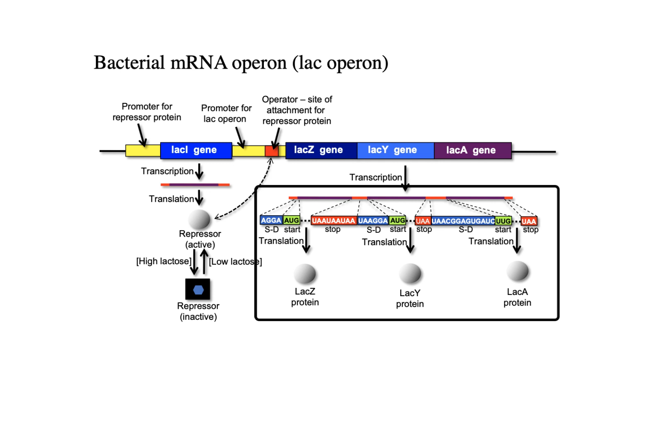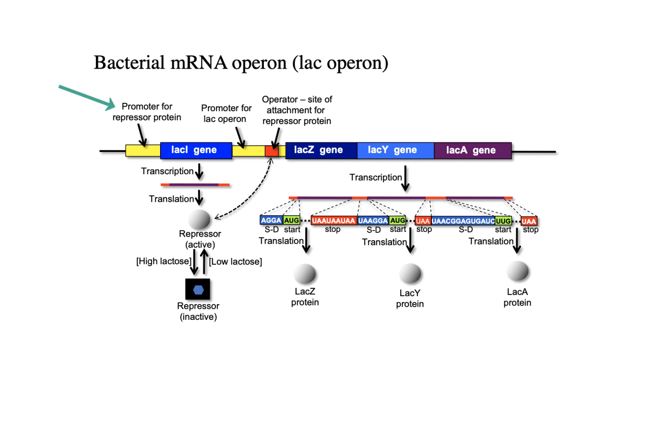In this case, the lac operon is illustrated. There are two promoter regions, one for the lacI gene, and then another promoter here for the lacZ, Y, and A genes, all together as one transcript. So the lacI gene is here, it's transcribed, and it's then translated into a repressor protein. So when you have high levels of lactose, then that repressor protein is inactivated.